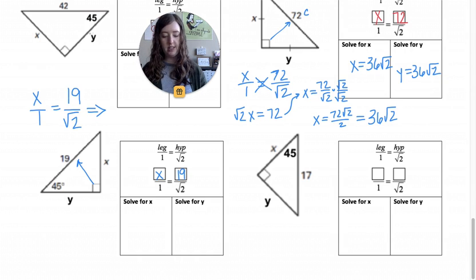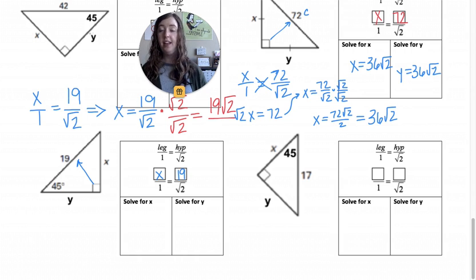X over 1 is the same thing as x equals 19 over the square root of 2. Then let's rationalize our denominator. Let's multiply by the square root of 2 over the square root of 2. Then we end up with 19 square root 2 on top. And we know that the square root of 2 times the square root of 2 is the square root of 4, or 2.